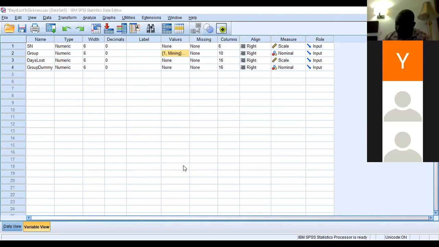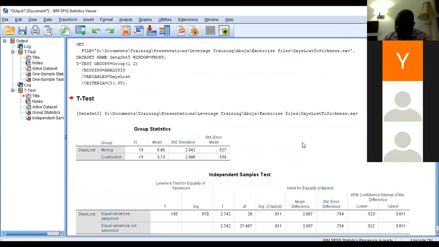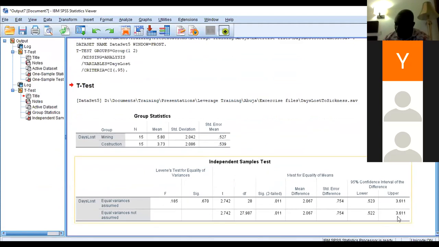So let me share. Can you see the results? Yes, sir. You see the mining 15, 15, that's the sample size.